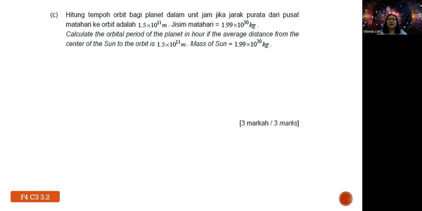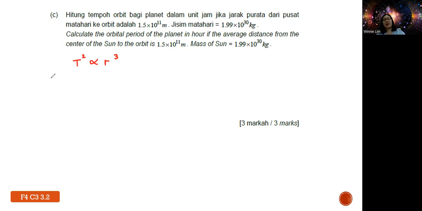This formula is used to derive the relationship of Kepler's law, whereby T squared is directly proportional to R cubed, or one of the formulas you rearrange to find the mass of the sun or the mass of the earth.